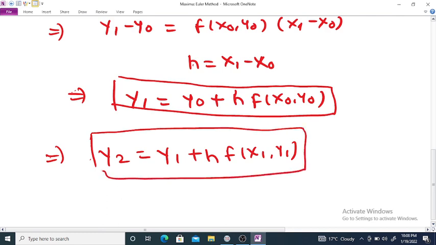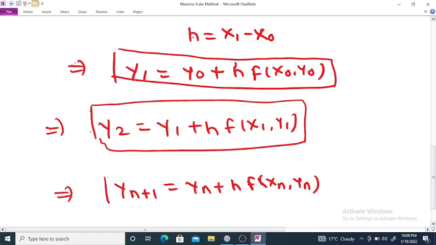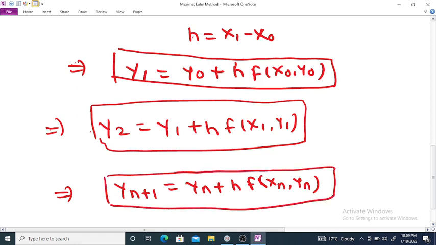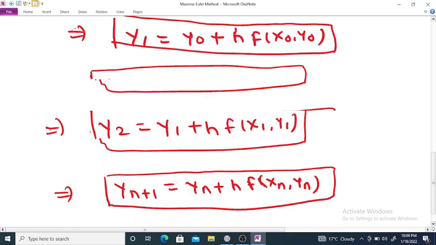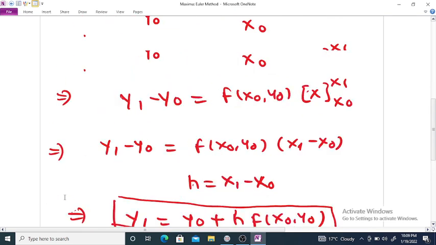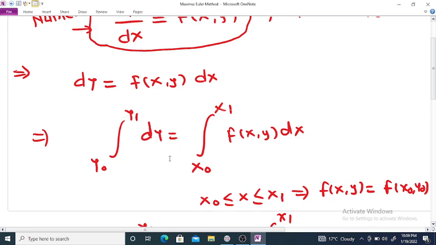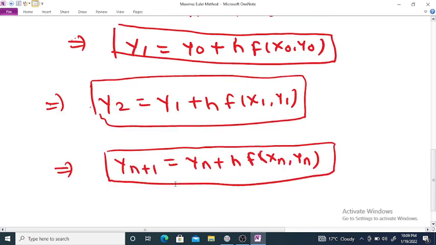In general, we can write this formula as y(n+1) is equal to yn plus h f of xn, yn. So this is the formula to find the approximate solution at x is equal to xn of the given differential equation dy by dx is equal to f of x, y.